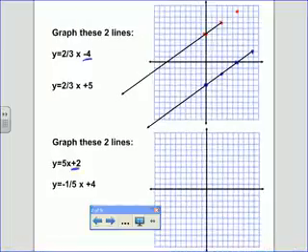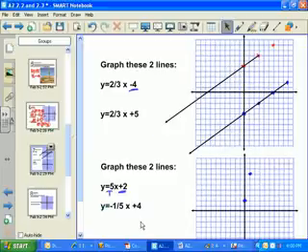Let's take a look at the other pair. We've got y-intercept of 2. Slope of positive 5, so it's up 5 over 1. So 1, 2, 3, 4, 5. Okay, pretty steep slope. The other one, let's draw that.